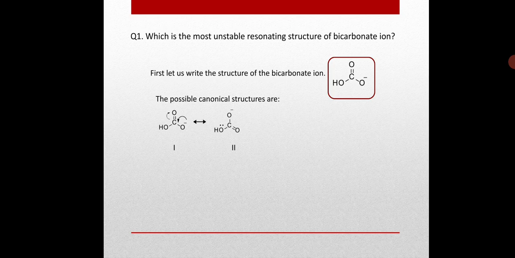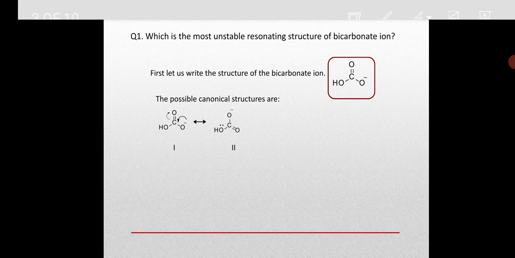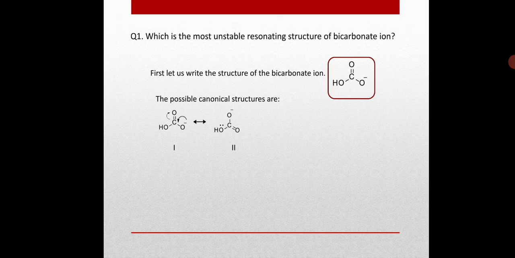Similarly, the lone pair of electrons on this oxygen can enter into resonance with the carbonyl group, and similarly this double bond immediately breaks and we reach canonical structure 3.